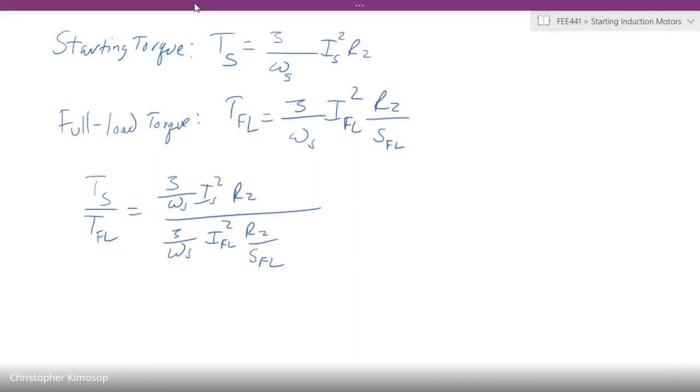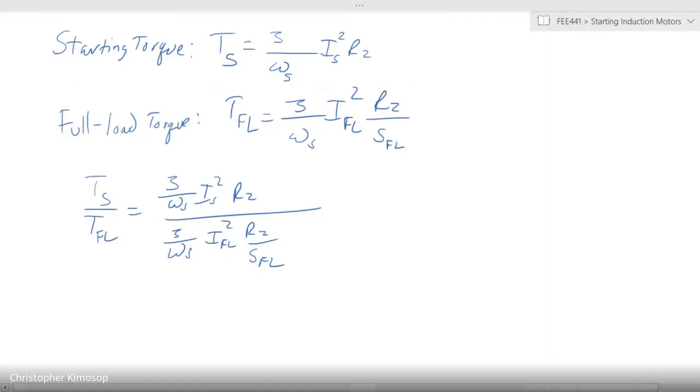The elements that will now cancel out, you have that canceling out, and you have that canceling out, which then gives us IS squared over IFL squared times 1 over SFL.